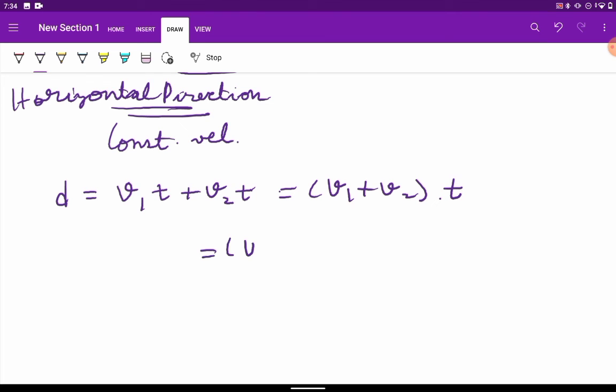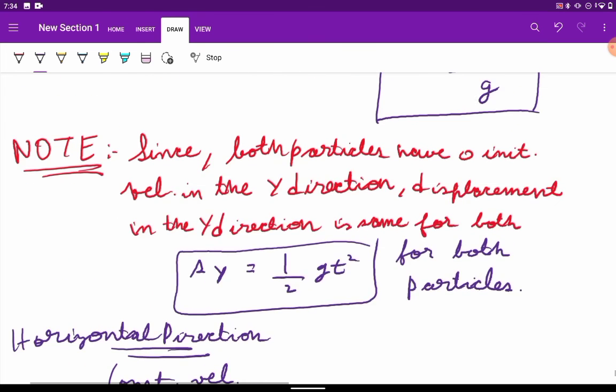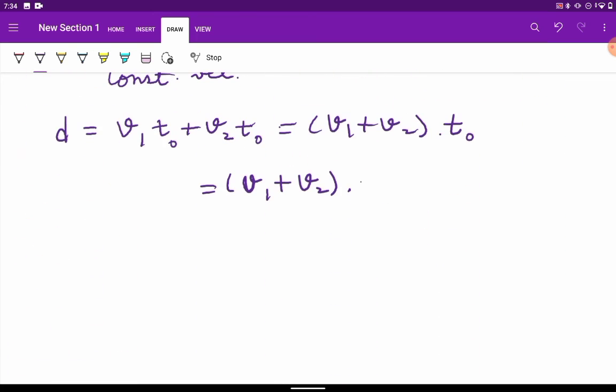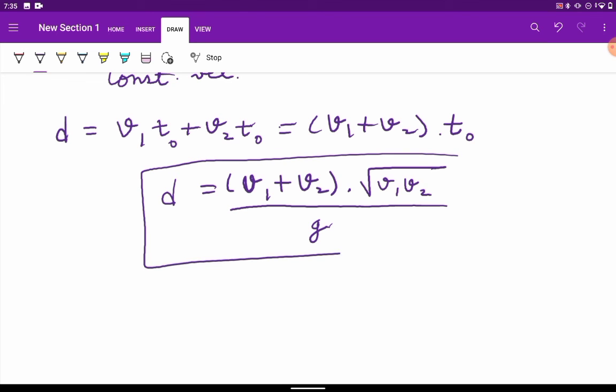Now we have already found out, let's call it t naught because it's after t naught, that t naught is root over v1 v2 by g. So this is the distance.